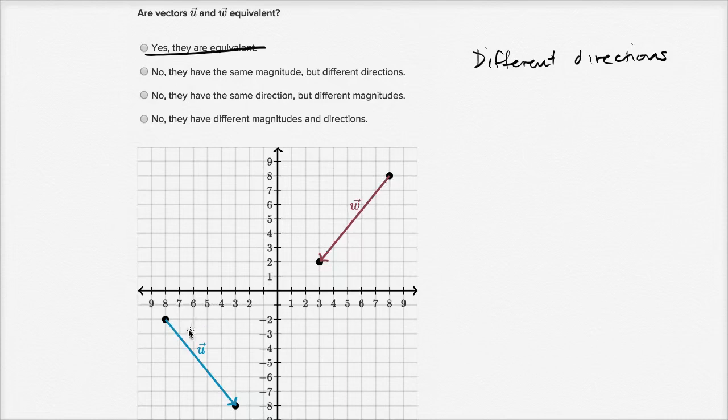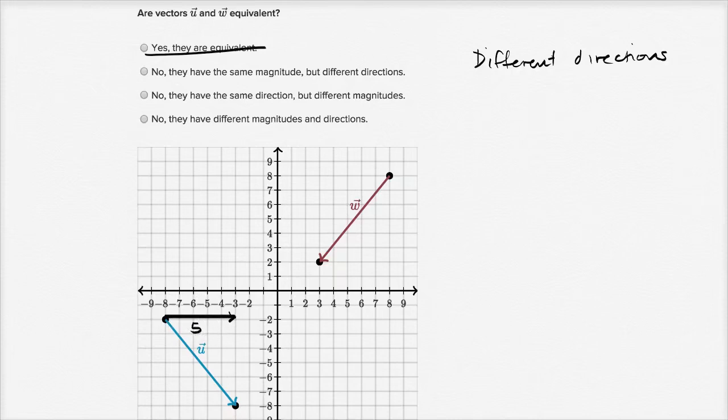Let me verify that. So if I'm starting at the initial point for vector u, how much do I move in the x direction? Well, in the x direction, I go from -8 to -3. So I could say my change in x is +5. My x increases by 5 as I go from the x coordinate of the initial point to the x coordinate of the terminal point. So that length, the magnitude of just the x component is 5.